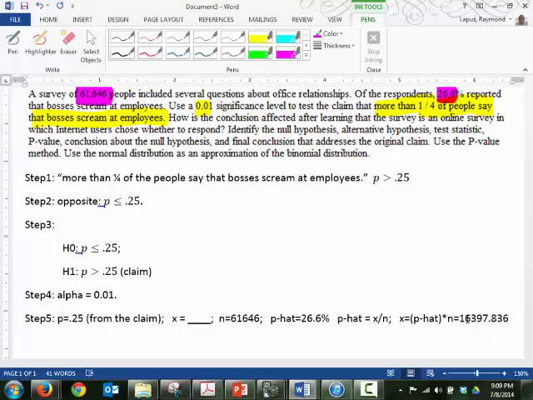Okay, so this is x. But remember that x needs to be a whole number. So we're going to want to round this off. I think that's all the information you need, and then from here you can use your calculator.